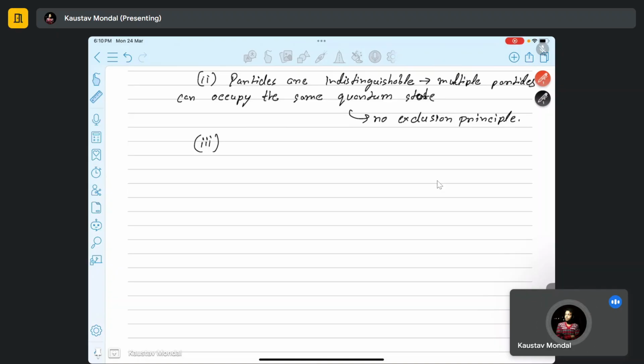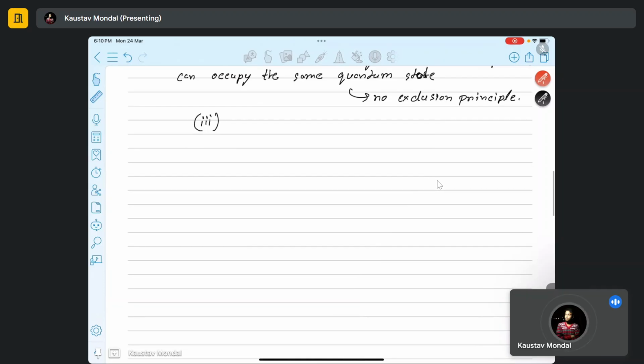And the third feature is the distribution function. Here the distribution function is f(E) equals 1 by e to the power (E minus mu) by kT, minus 1.